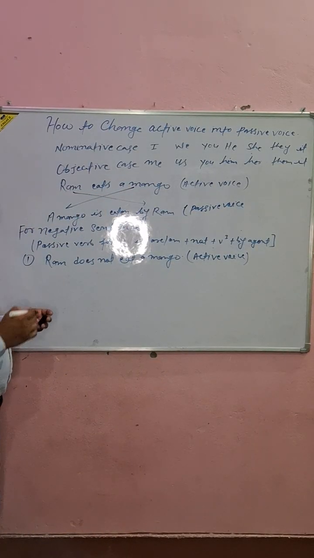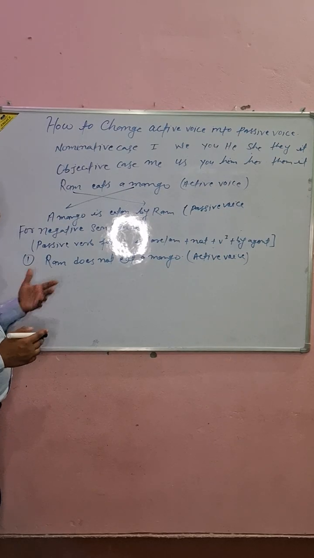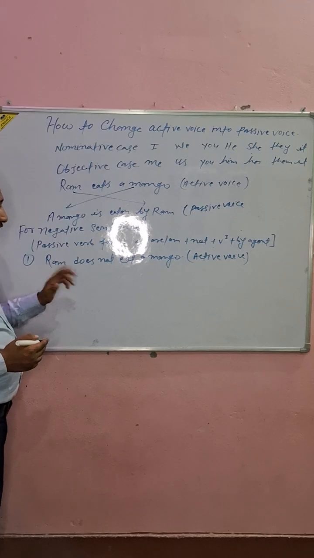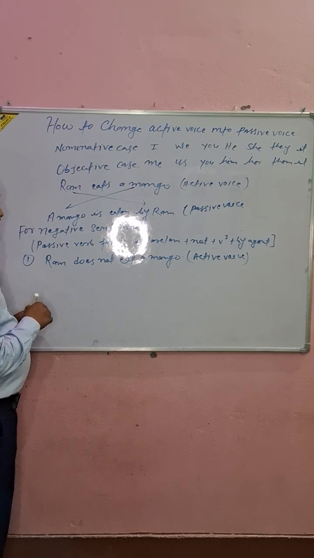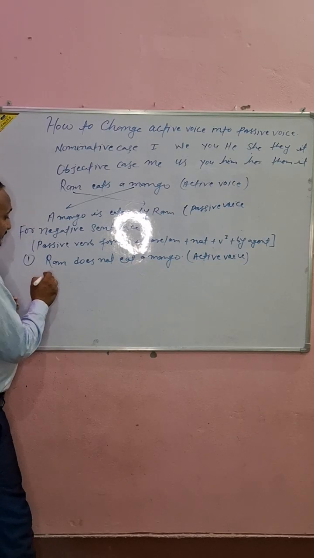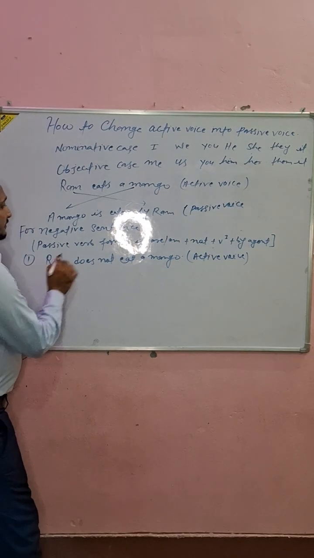So how will you change it into passive? Okay, you may try it yourself. Okay, let's do it. I'm going to change it into passive form according to that rule.